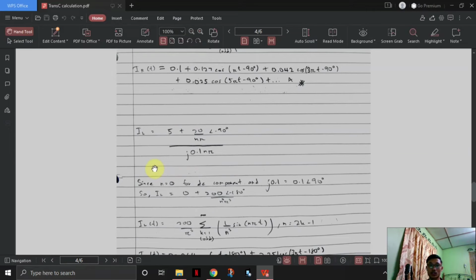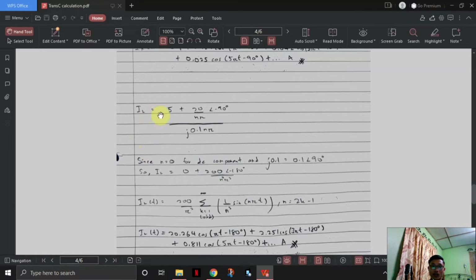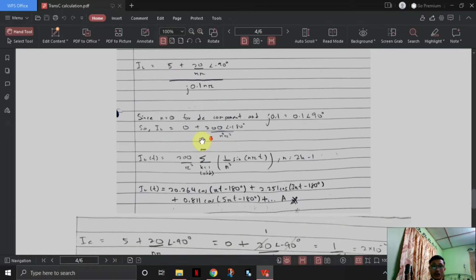So the next one is IL. I equal to V over Z. So the V is 5 plus 20 over n pi at an angle of -90 degrees, and we'll divide by Z, which is imaginary, j 0.1 n pi. Since n equals 0 for the DC component, and j 0.1 is equal to 0.1 at an angle of 90 degrees, IL is equal to 0 plus 200 at -90 degrees over n squared pi squared.